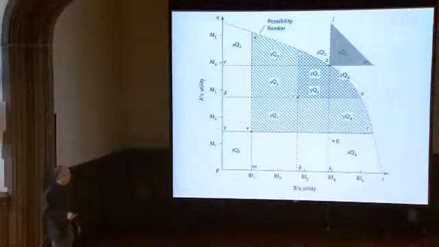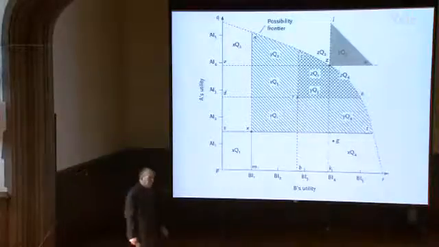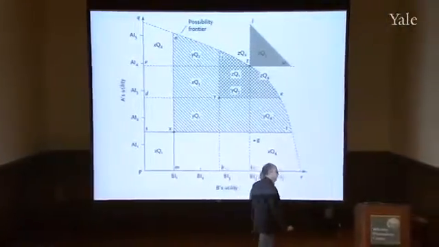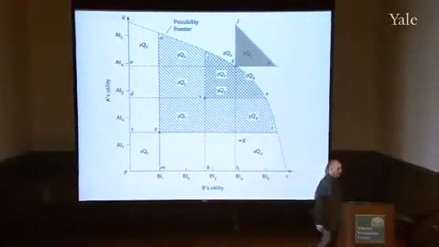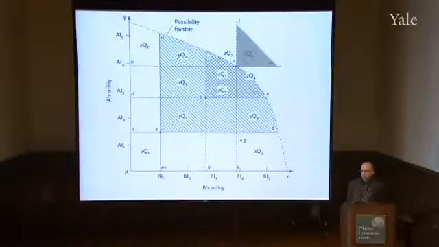Okay? So that's all well and good. Well, that leaves these two other quadrants. And about those two quadrants, Pareto says, we can say nothing at all. At least nothing scientific.